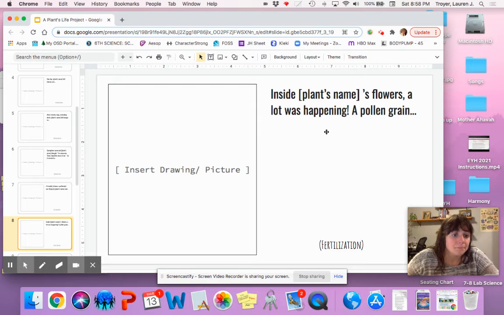Okay? So inside the flower, that's where the seeds are going to develop, and that's what's going to turn into a fruit. So if it's an apple flower, once it's been pollinated and fertilized, inside the flower the seeds start to develop, and the flower usually sort of closes and dies and gets weird, but the fruit starts to grow there where the flower was.